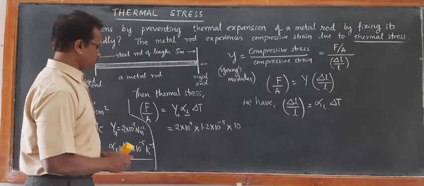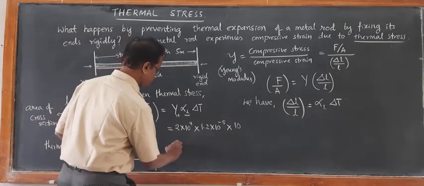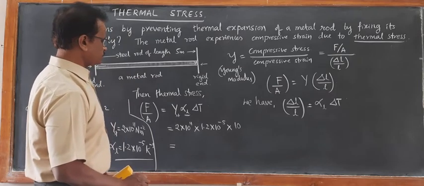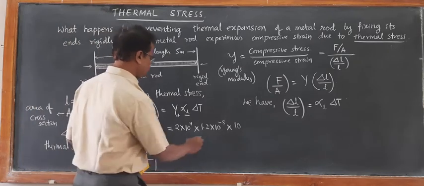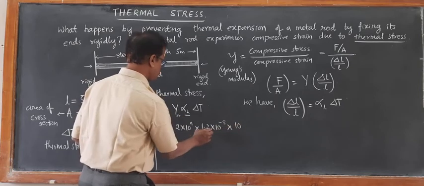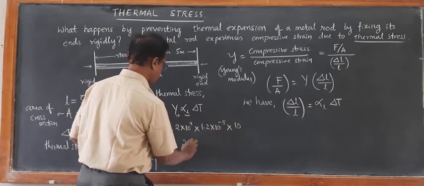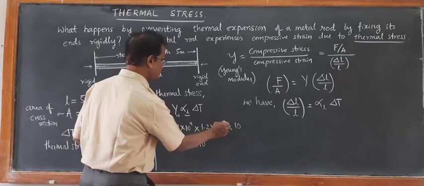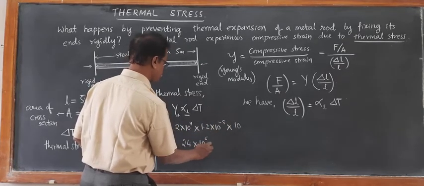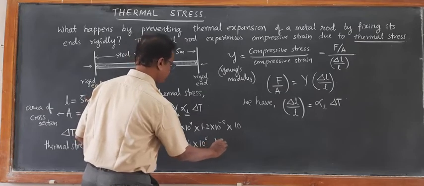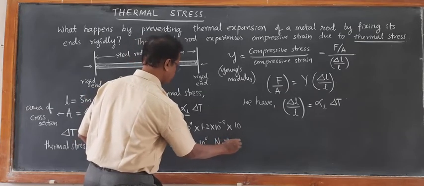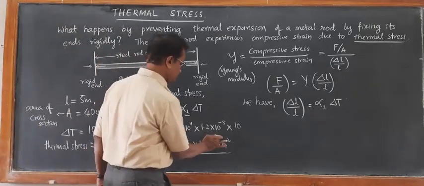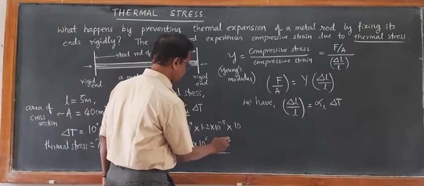If you calculate this, 12 into 2 is 24, 24 into 10 raised to 11 minus 5, that is 6, Newton per meter square. So this is the thermal stress.